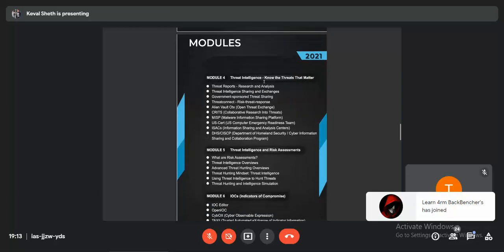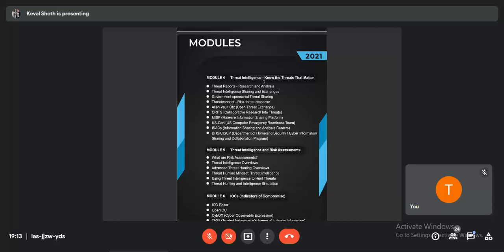The first one is understanding what the threats are outside that organization, and the second is what the threats are within it. For example, if I have a client and we are doing threat hunting for that organization, we can understand that their main business is focused on something like e-commerce.